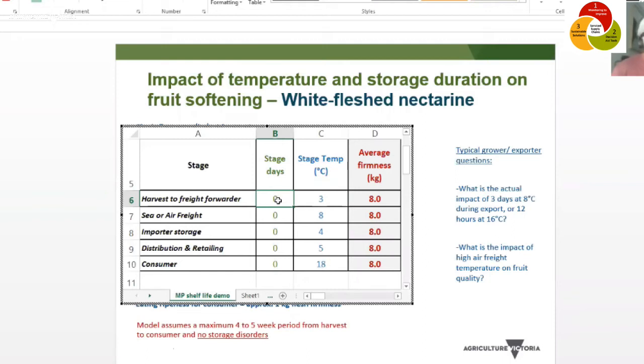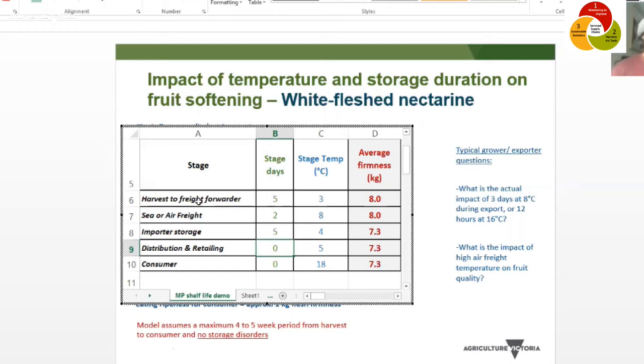Realistically, 5 days between harvest and freight forwarder, let's say 2 days at 8 degrees, the air freight leg. Importer storage, I don't know why that's not changing. Let's try 5 days. There we go.